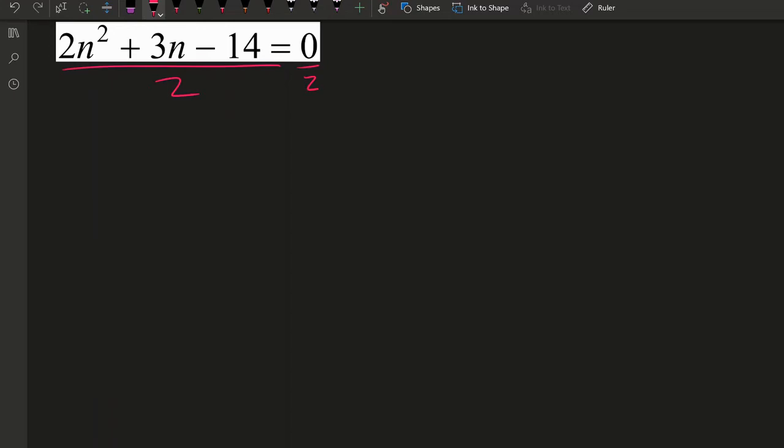So that means I'm going to get n squared plus 3 divided by 2, which is 1.5n, minus 7 is equal to 0. Now already, before I even start pseudographing, I'm dealing with a decimal, so you can see how the complexity of this is starting to ramp up.